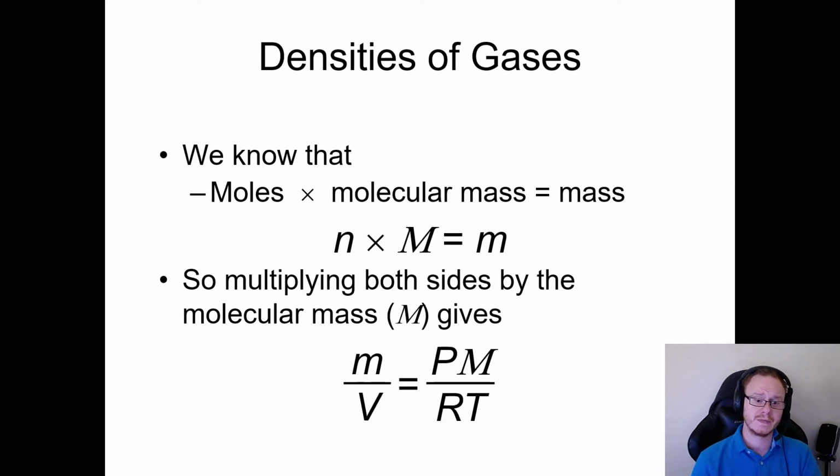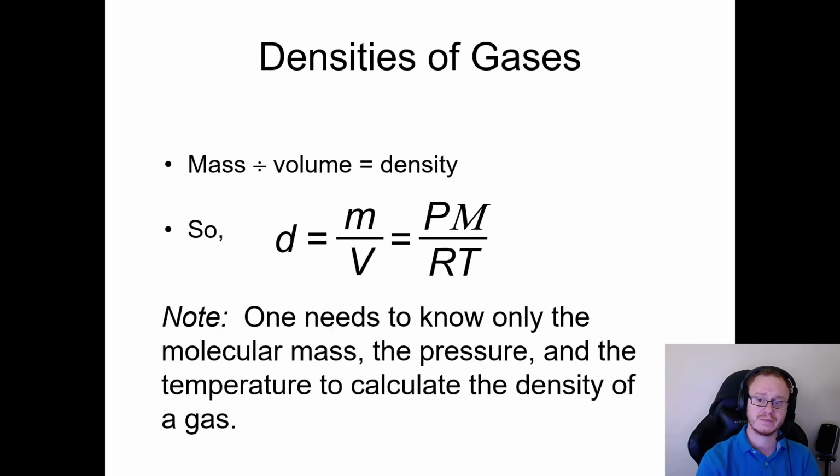If I plug this into my current formula, multiplying both sides by molar mass, I end up with mass divided by volume equals pressure times molar mass divided by RT. You know why this is important? Because mass divided by volume is density. And all of a sudden, I have a density formula for gases.